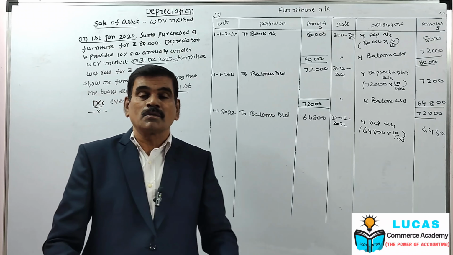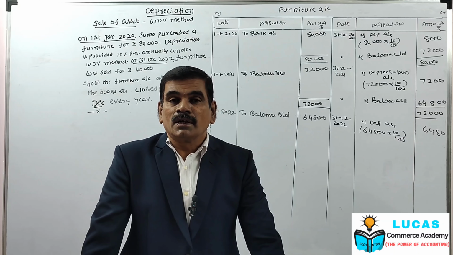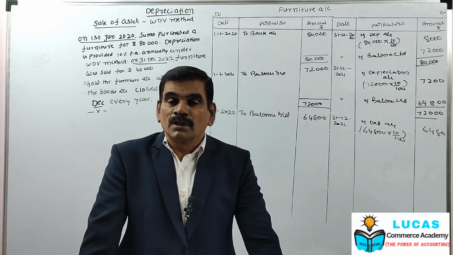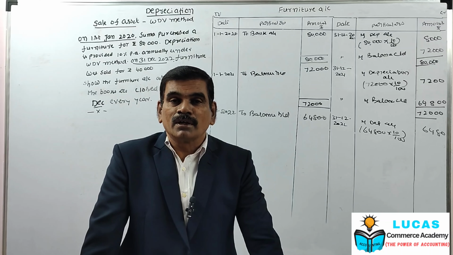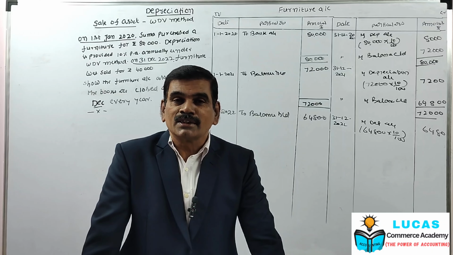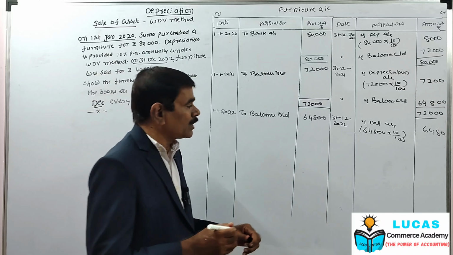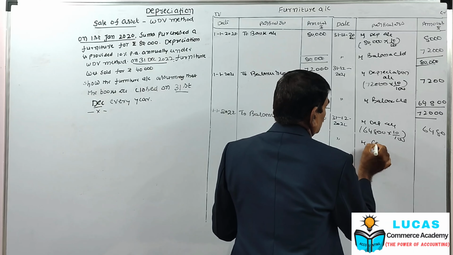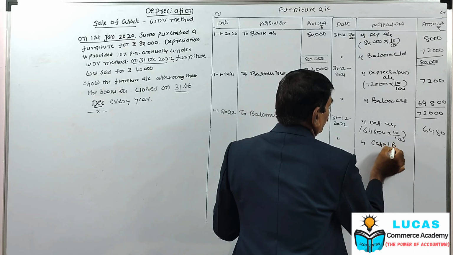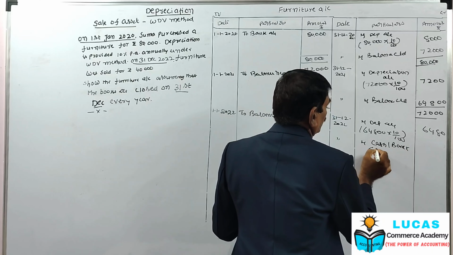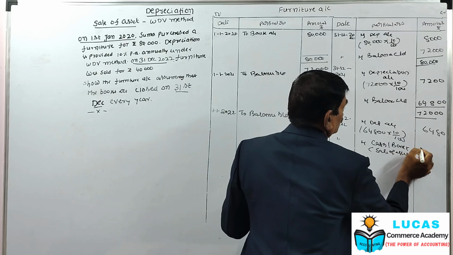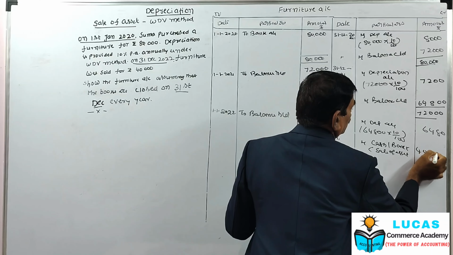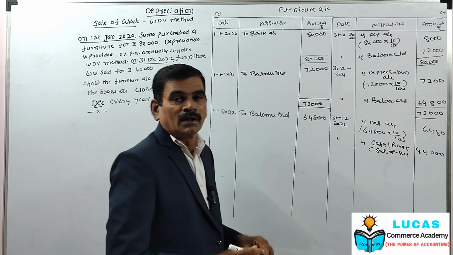Second step, pass the journal entry for sale of asset. The journal entry is cash or bank account debit to asset account, here cash or bank account debit to furniture account. So on the furniture account credit side, same date, by cash or bank (sale of asset), 40,000.